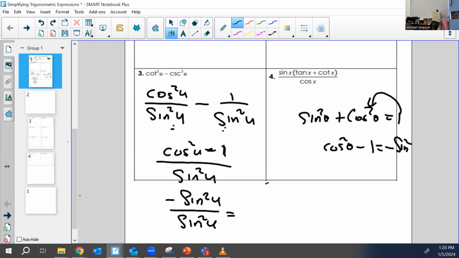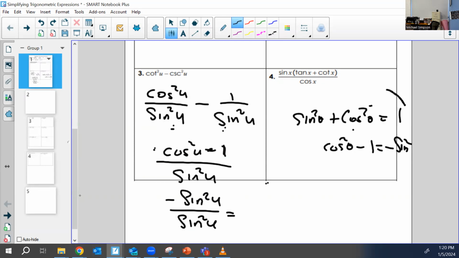I recognize this is a part of the identity, sine square plus cosine square. So how can I get cosine squared minus 1 from here?